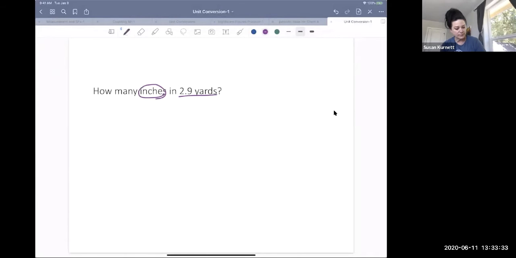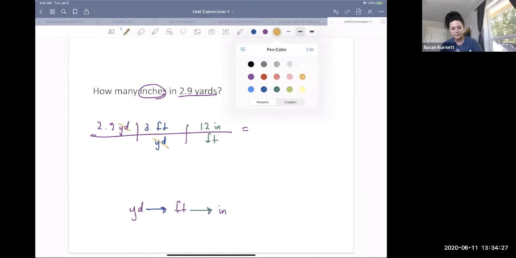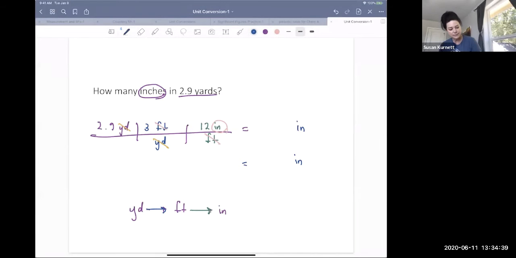We're headed to inches. I came up with 104.4 inches.